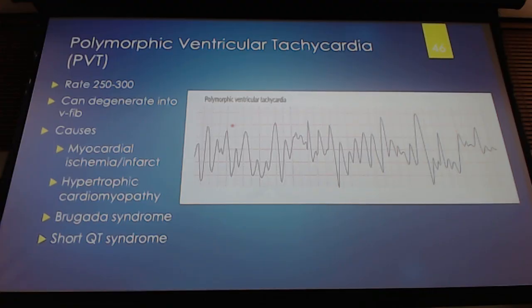And we can differentiate this polymorphic VTAC from something like ventricular fibrillation by looking at the amplitude of our waves. In polymorphic VTAC, a lot of times these patients are still conscious. They may not be feeling so good, but they're still conscious.